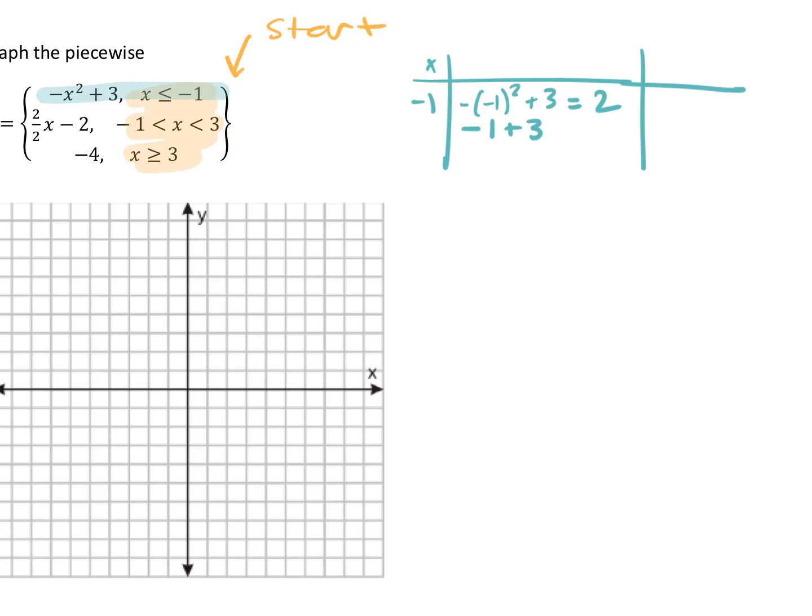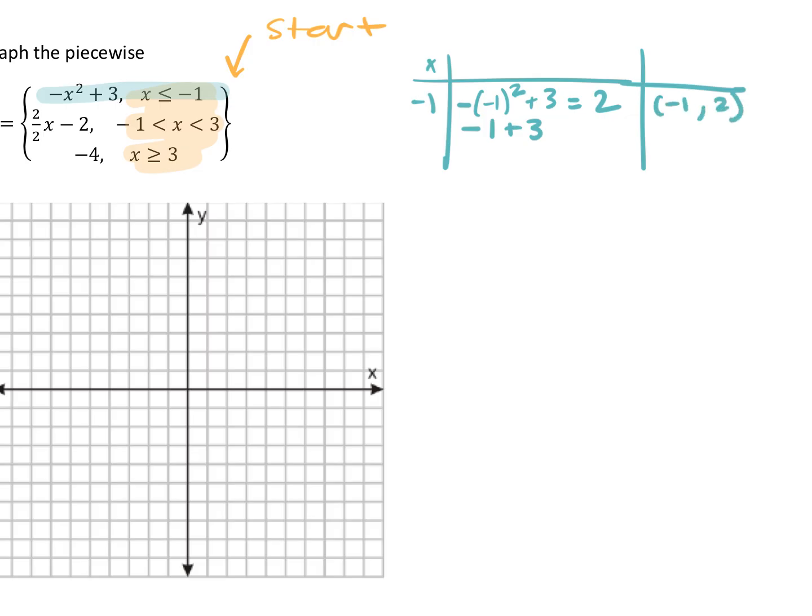Because that negative is out front. So the only thing that's being squared is the -1, which makes it positive, but the negative out front turns it negative again. You don't distribute. You can't distribute when you have an exponent. So you have to square it first. So PEMDAS. Got to do the exponent first. So we plugged in -1 and got 2.